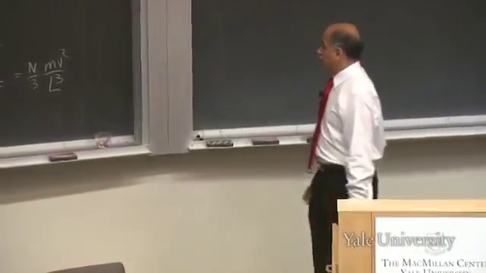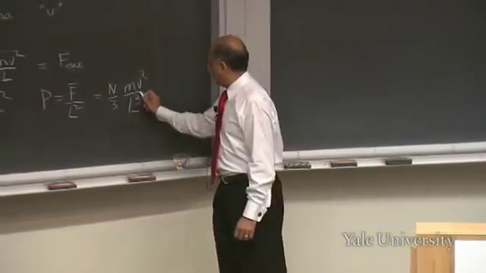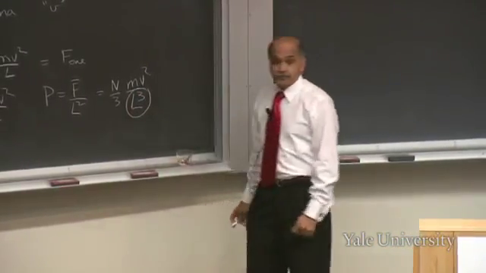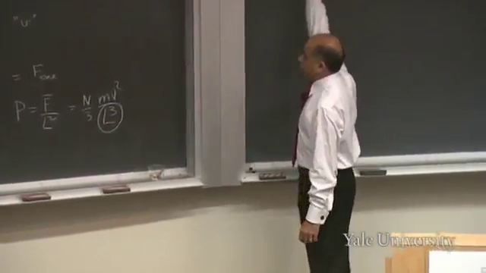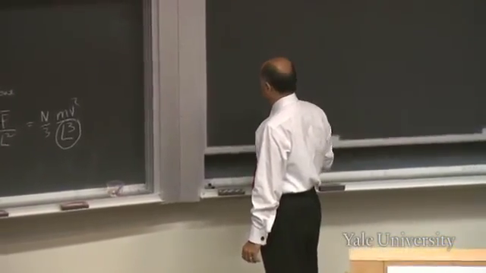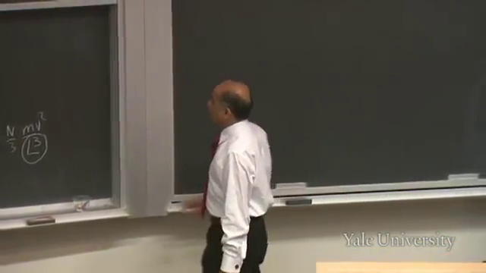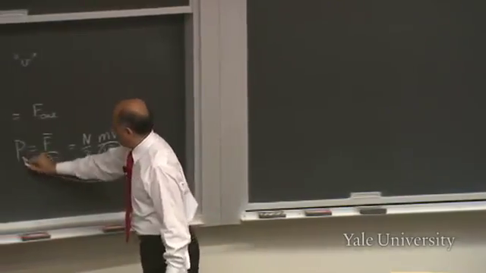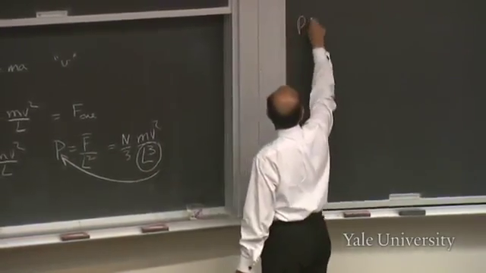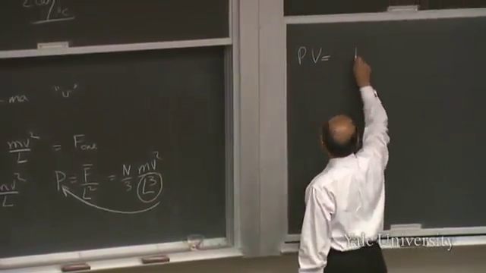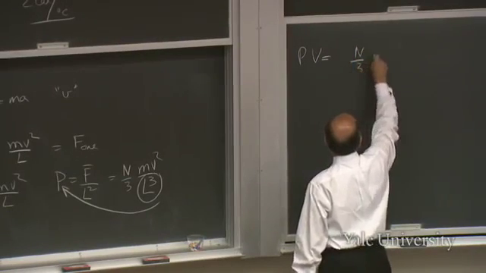Now, this is very nice because L cubed is just the volume of my box. So I take the L cubed, which is equal to the volume of my box, and send it to the other side and write it as PV equals n over 3 mv squared.